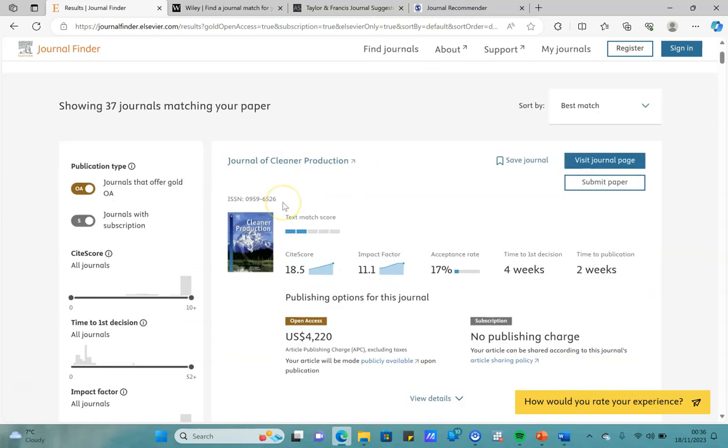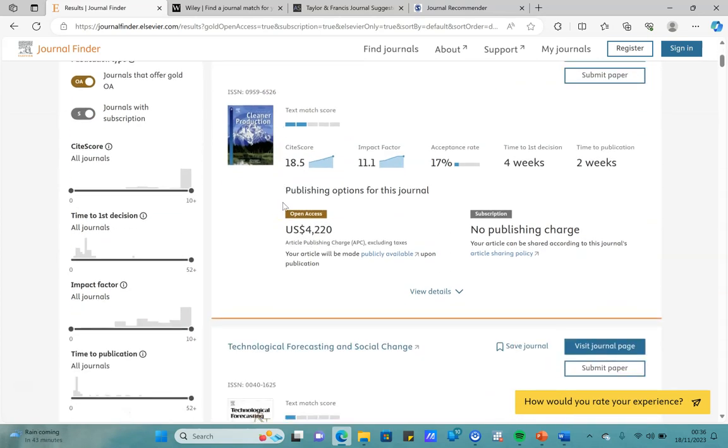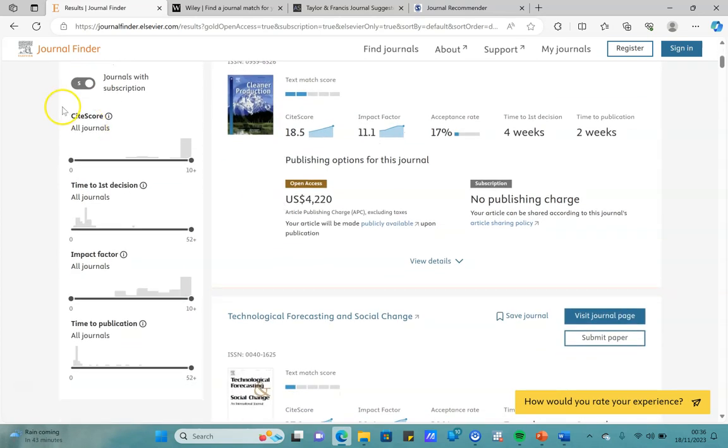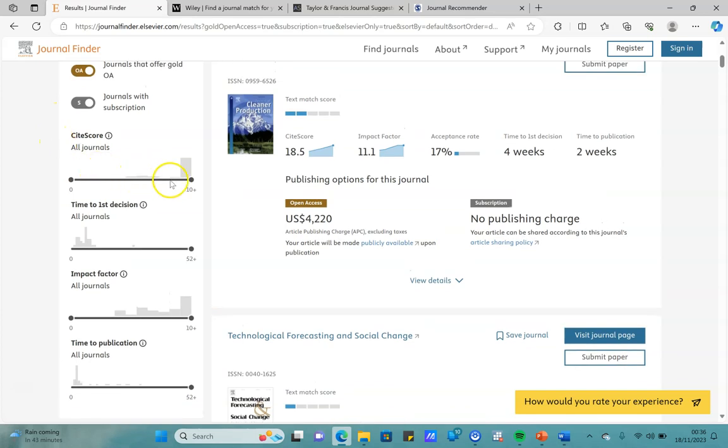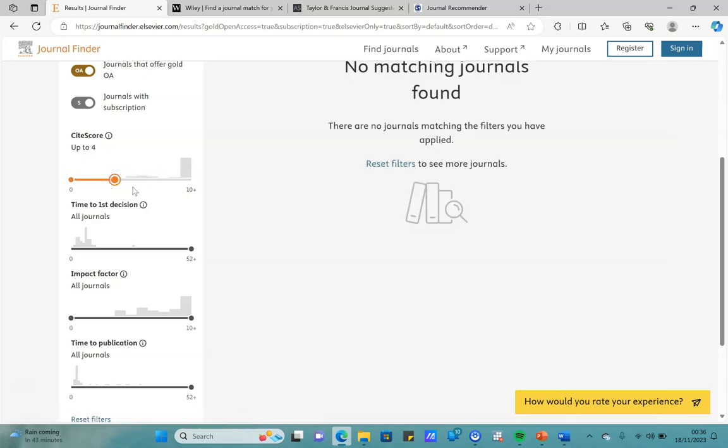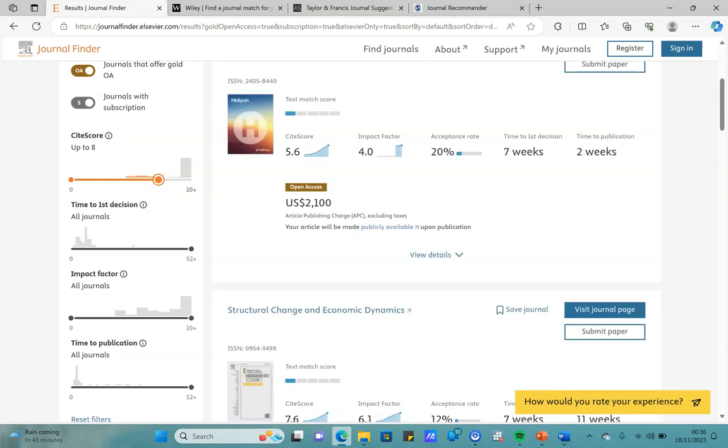Okay, so this is how it looks for the Elsevier system. On the left, you have some panels where I think I can reduce the score to get different types of journals. I can adjust the time for decision.